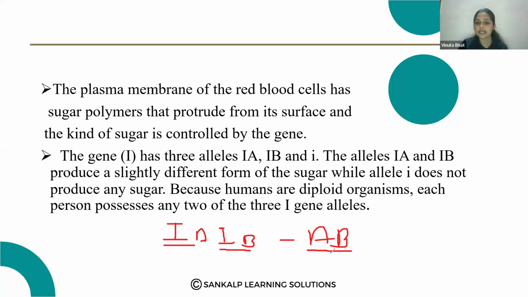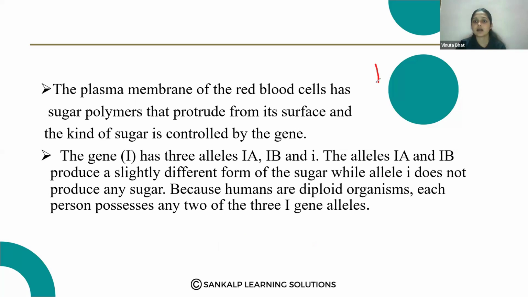So the blood group type is AB. Okay, I'll clear it once again. In case of IA, the blood group will be A blood group. IB, the blood group will be B blood group.